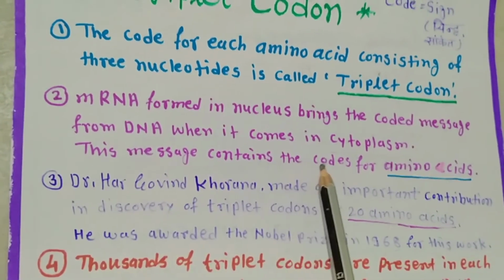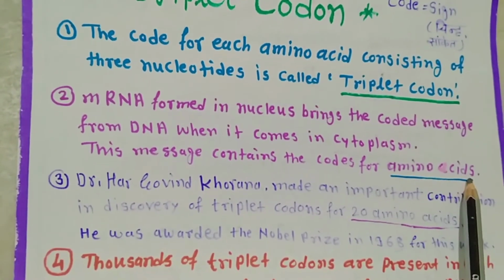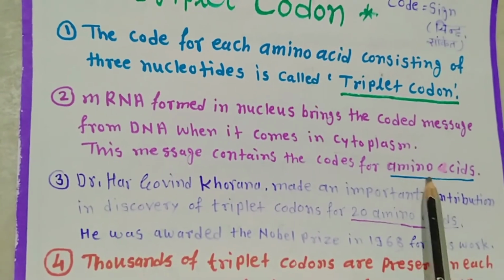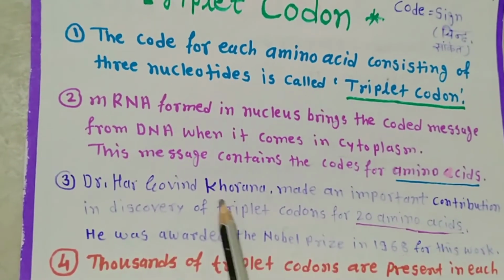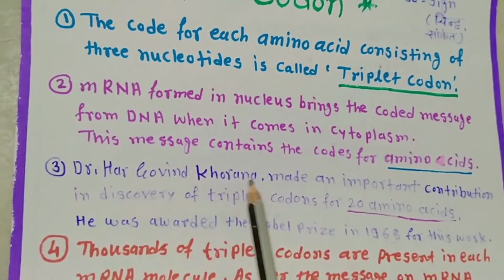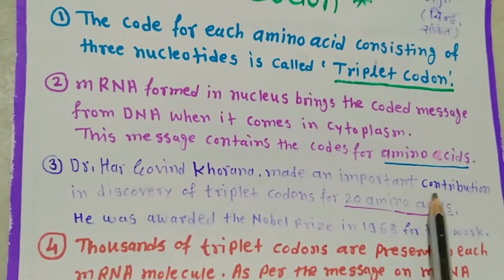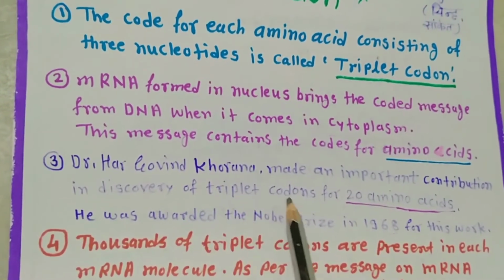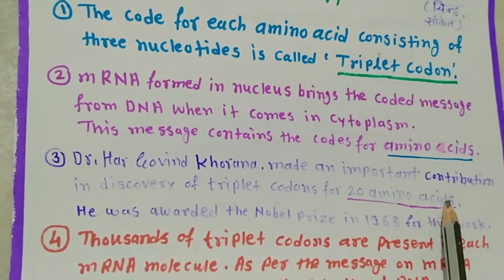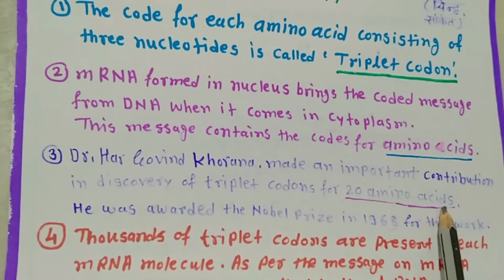This message contains the codes for amino acids. Dr. Hargobind Khorana, our Indian scientist, made an important contribution in the discovery of triplet codons for 20 amino acids.